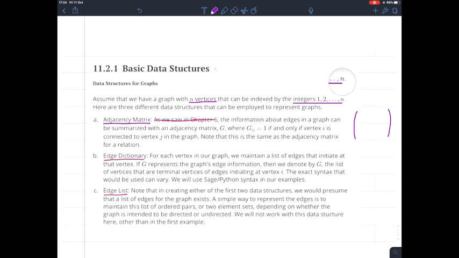And the entry ij, we will put a 1 if and only if the vertex i is connected by an edge to the vertex j.